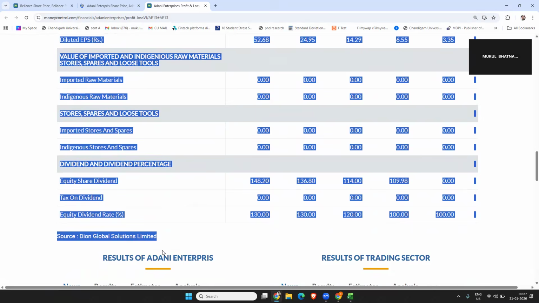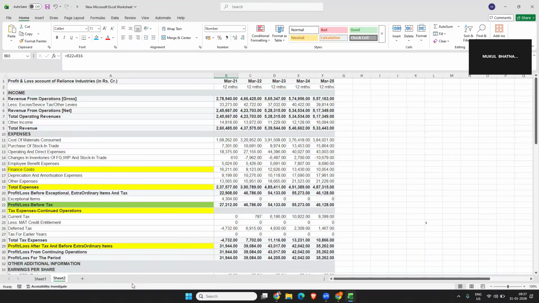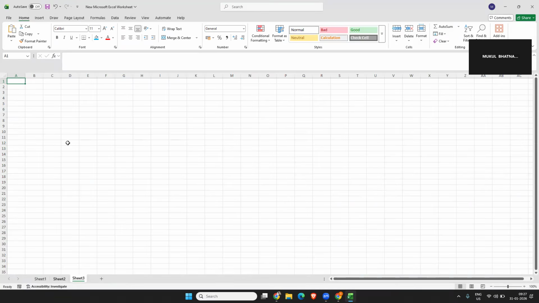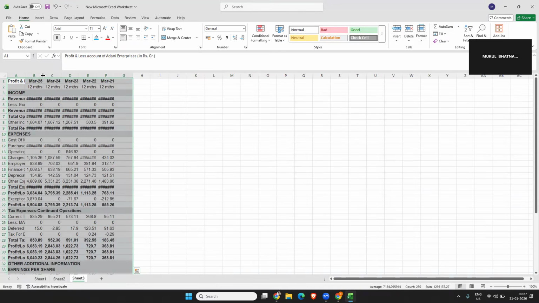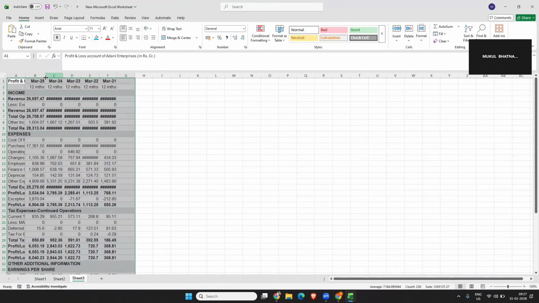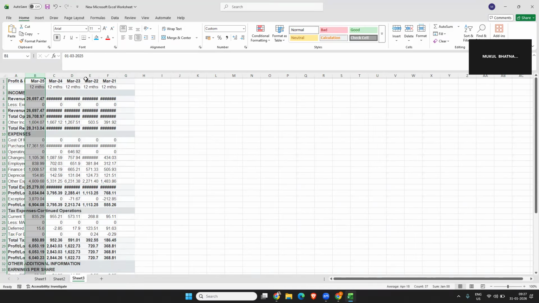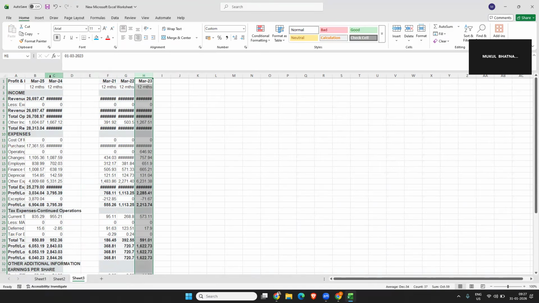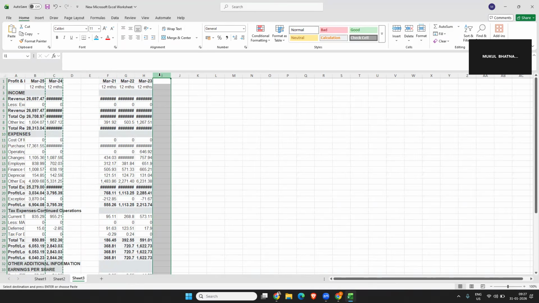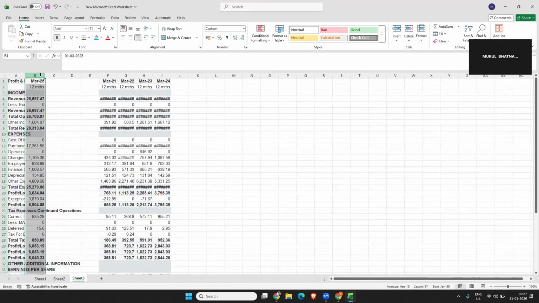Why? I will tell you what's the reason behind it. In the next sheet, I'm copying it because first I need to arrange this. So Control X, Control V, Control X, Control V, and then I will repeat the process for another columns as well.